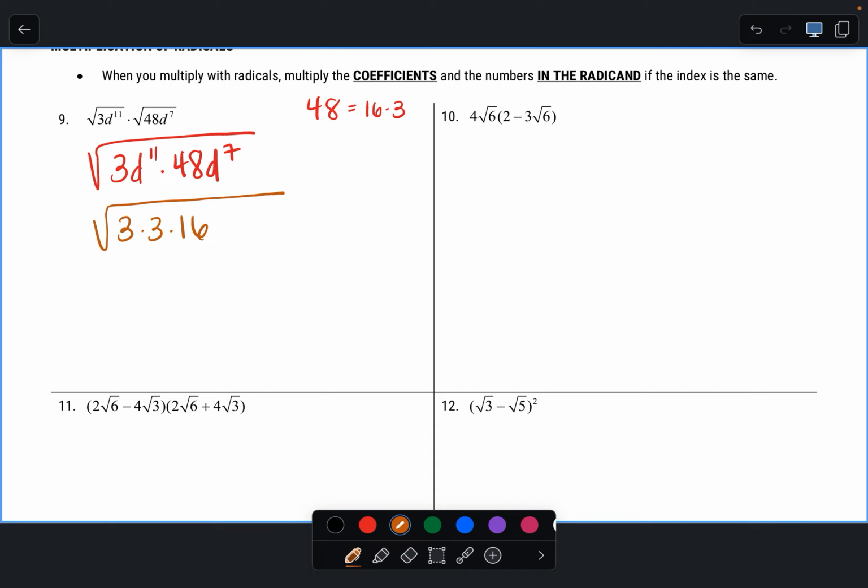Now, for the term in red, the 2 itself does not have a radical. So whenever I multiply those two things together, I'm really only looking at 4 times 2. What is 4 times 2? 8. 4 times 2 is 8. So we're going to have 8 square roots of 6.